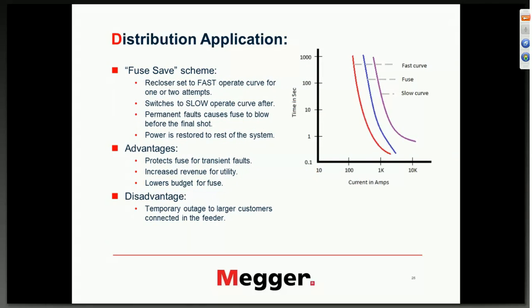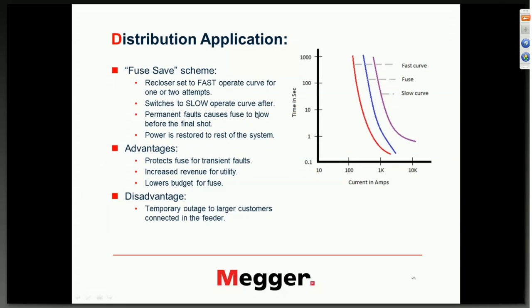Talking about the fuse save scheme, the recloser is first set to a fast operating curve for 1 or 2 attempts. This blue line is the fuse. So you generally have fuses for all your system. The main discussion is whether you want to save this fuse or you don't care about the fuse and you want to blow the fuse.